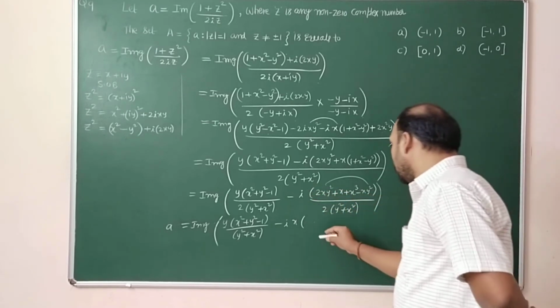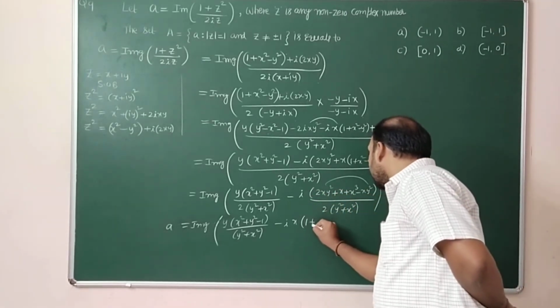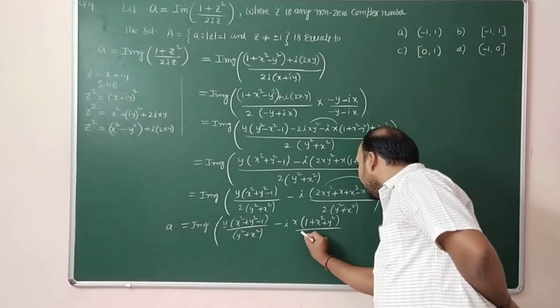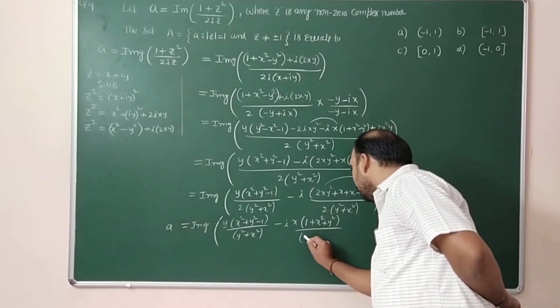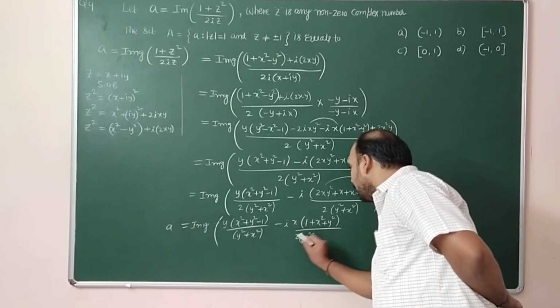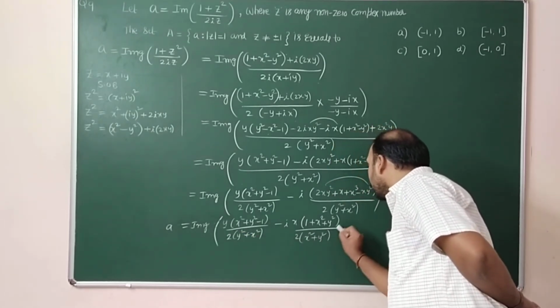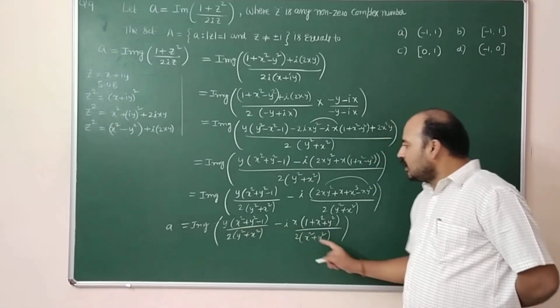So x I am taking common. So 1 plus x square plus y square divided by 2 into x square plus y square, even here also 2 into x square plus y square.